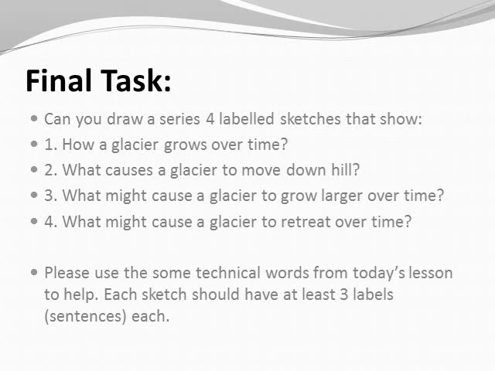And what finally might cause a glacier to retreat over time? Could you try and use some of the technical words from today's lesson? Ablation, accumulation. And each sketch needs to have at least 3 labels that are full sentences, please, not just one words, that maybe help explain those questions on the screen.